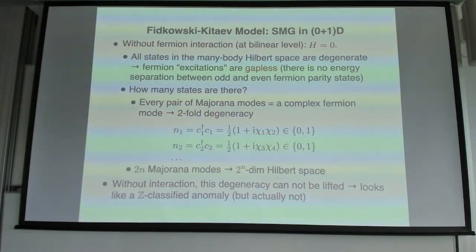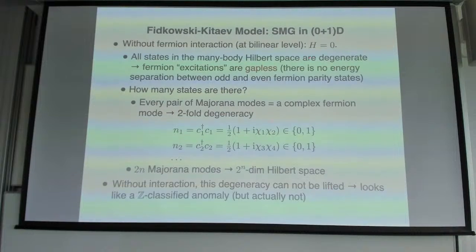Well, you can simply count that by counting how many Majorana zero modes you have in the system. Every pair of Majorana modes can create a complex fermion mode, for example, chi1 and chi2. That mode can be occupied or empty, so that leads to twofold degeneracy. If you have 2n Majorana modes, then you have a 2 to the power n dimensional Hilbert space. That's the number of degeneracies you have in the system.